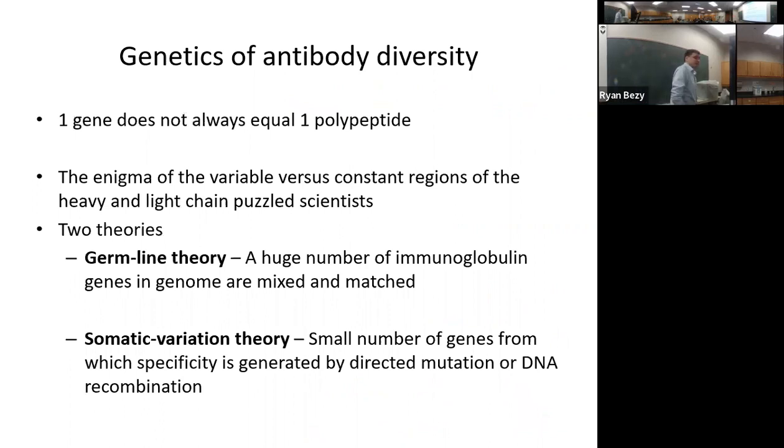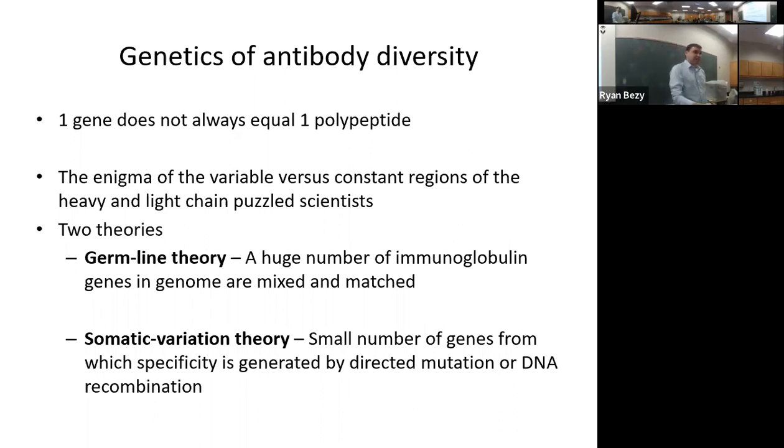So there were two competing theories early on during immunological research, what are called the germline theory and the somatic variation theory. The idea behind the germline theory is: how do you get different variable regions? Well, you just have a huge number of immunoglobulin genes in the genome, and then they're mixed and matched to make one variable region.